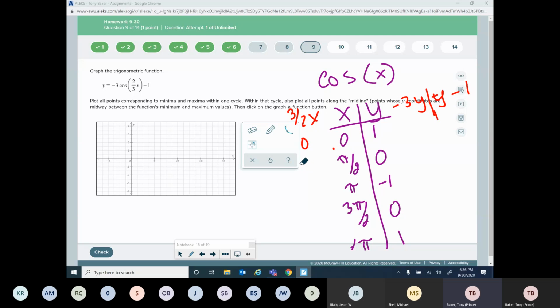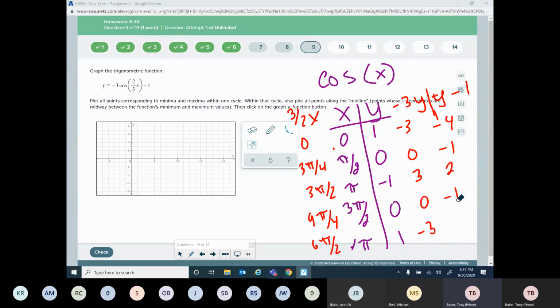So that's 0, 3 pi over 4, 3 pi over 2, 9 pi over 4, and 6 pi over 2. And on this side, I get negative 3, 0, 3, 0, negative 3, and then I subtract 1. So it's negative 4, negative 1, 2, negative 1, and negative 4.